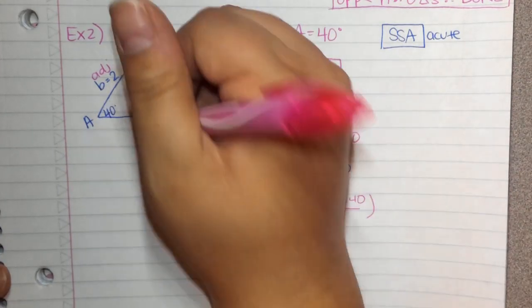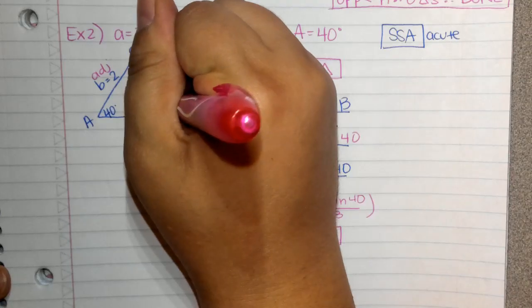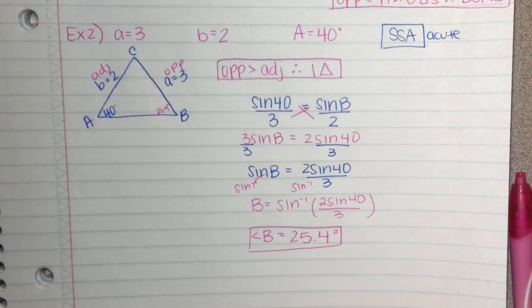So if B is 25.4 degrees, how can I find C? Add them up and subtract from 180. Okay, so that you don't get this wrong when you end up rounding twice, what I'm going to suggest you do right here is to label this B equals.